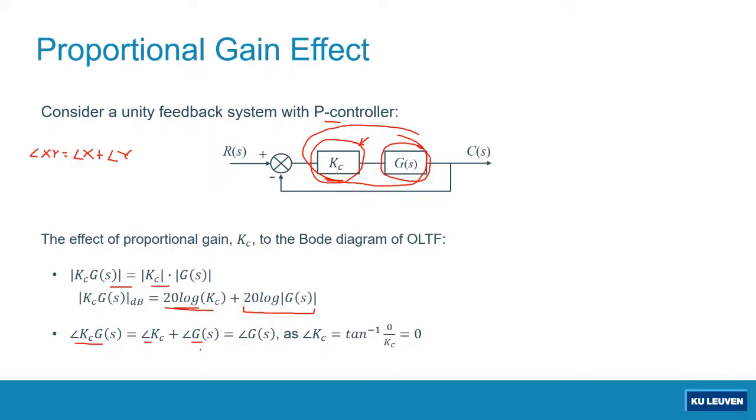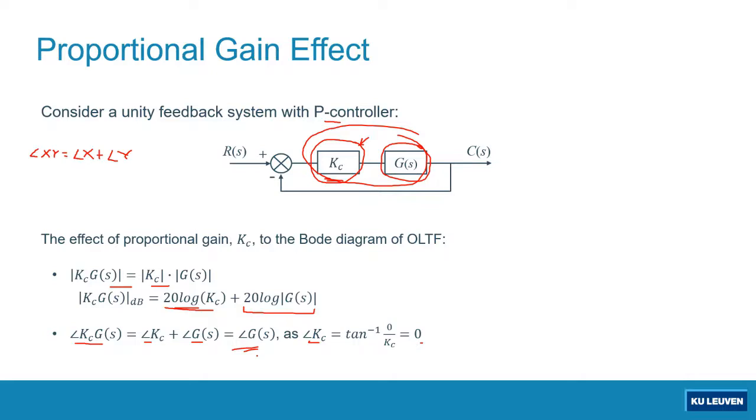Kc is a scalar number. Kc is a real number. If you have a real number, the angle of a real number is equal to 0. This means then, after we introduce proportional gain Kc, the phase plot remains the same.